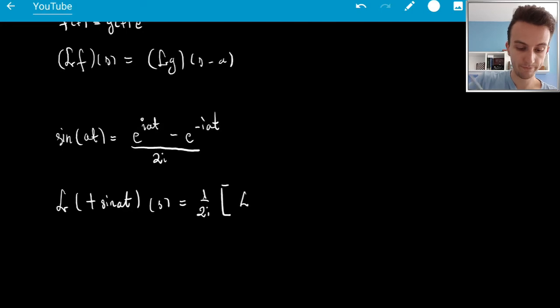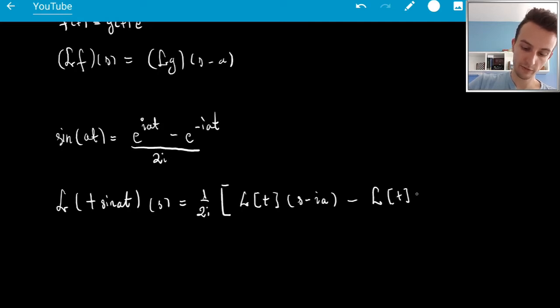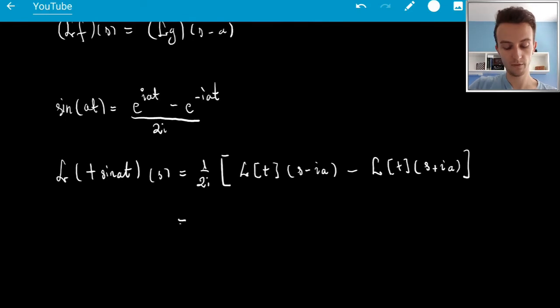So 1 over 2i times the Laplace transform of t at s minus ia, minus the Laplace transform of t at s plus ia. Cool. And we know both of these, we just calculated that in number 4.